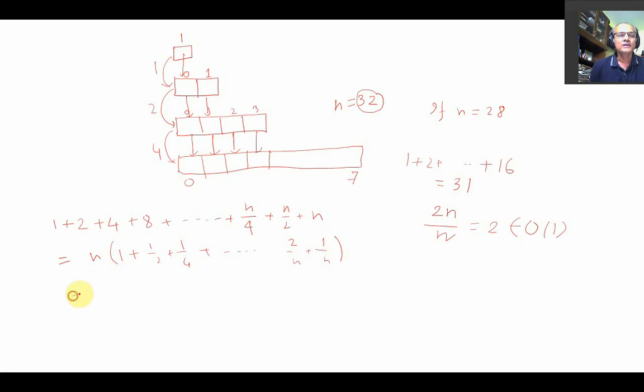So you can write this as less than or equal to n times 1 plus half plus 1 by 4. This is a GP series up to infinity. Can I write this? Definitely we can write this.